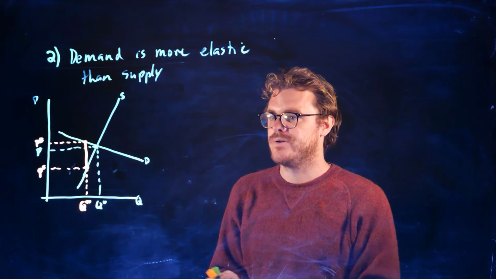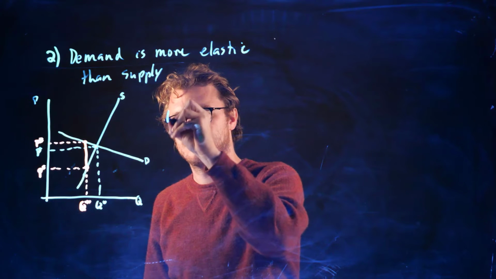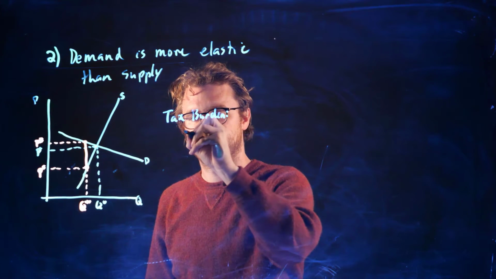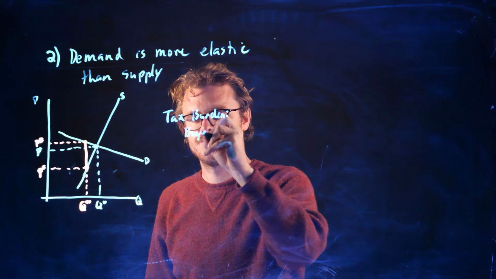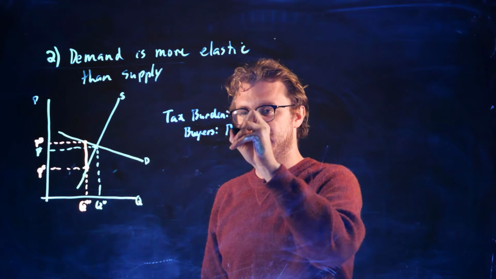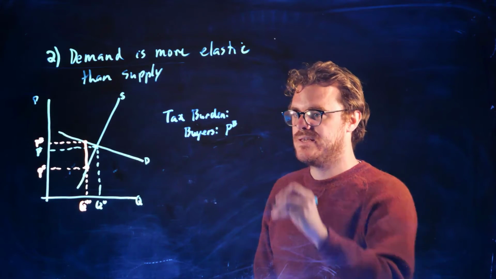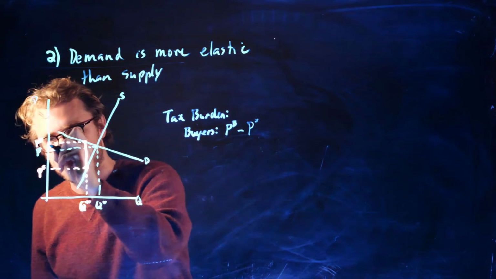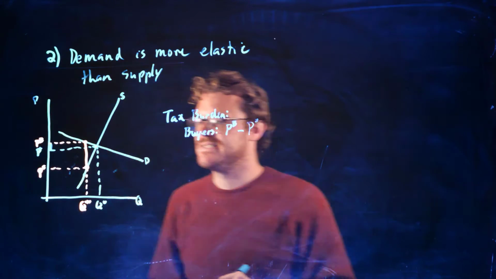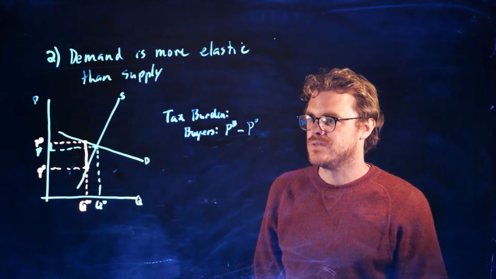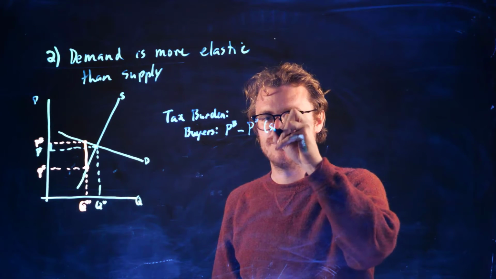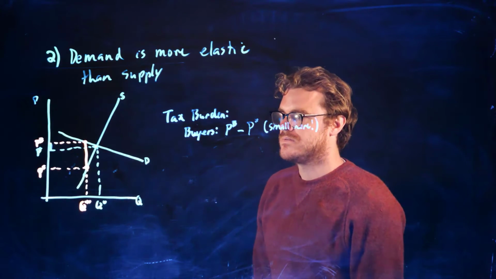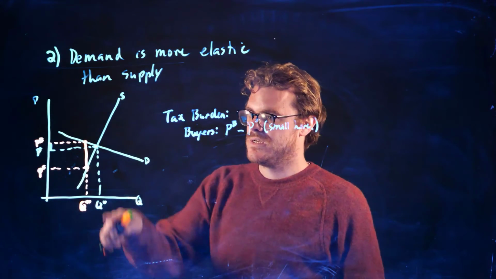Now again, we can think about the burden. The buyers now have to pay PB. They only had to pay P star before. So their tax burden is that distance there. This is going to be relatively small because the curve is really flat.